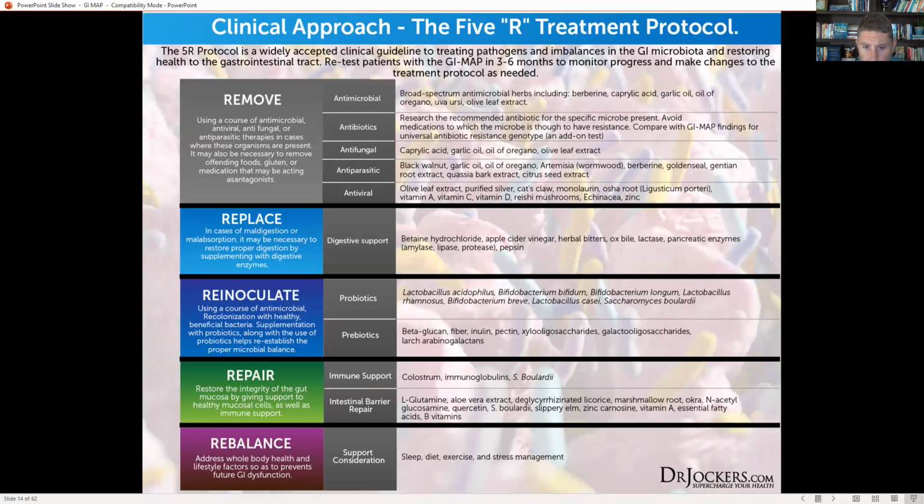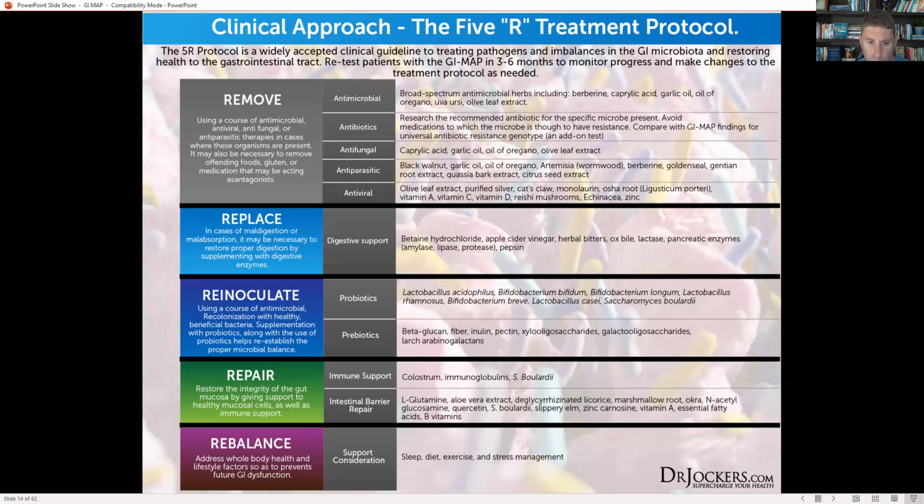And intestinal barrier repair: glutamine, aloe, DGL or deglycerinated licorice, marshmallow root, okra, N-acetyl glucosamine, quercetin, slippery elm, S. boulardii again, zinc carnosine, vitamin A, essential fatty acids like omega-3s, B vitamins, and magnesium. A lot of good support nutrients like that can be really helpful for intestinal barrier support.